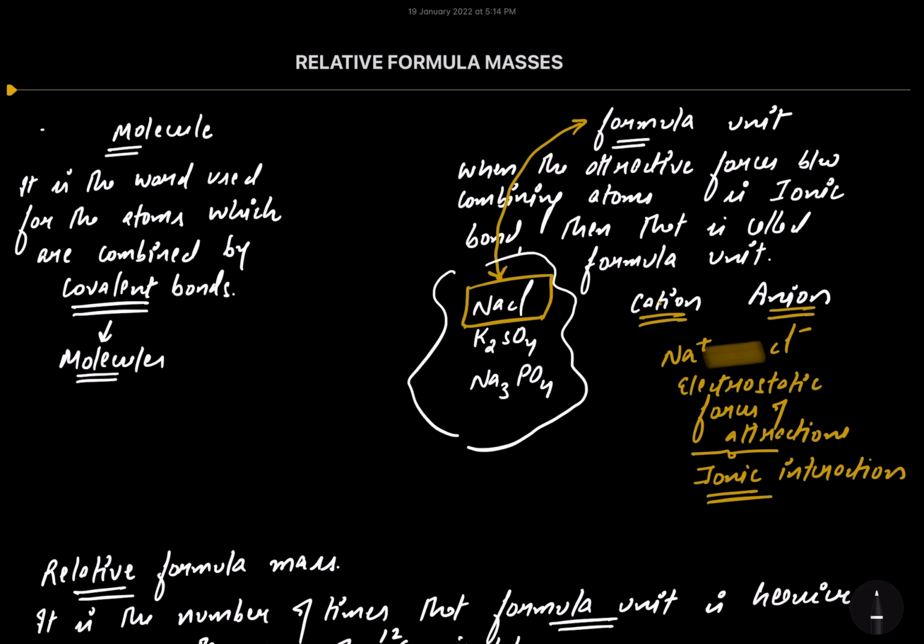That's why we are using the word formula unit instead of a molecule. For a molecule, when the attractive forces between the combining atoms are covalent bonds, then that formula is called a molecule. But when there is an ionic compound, the electrostatic force of attraction, then we use the word formula unit for a single formula, like NaCl or K2SO4 or Na3PO4.